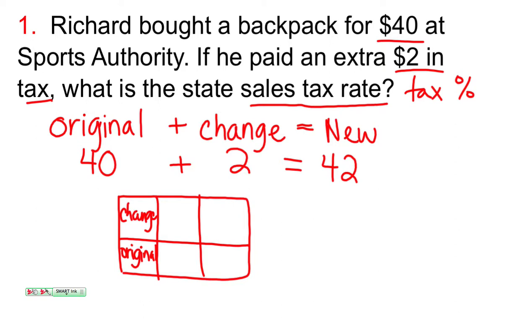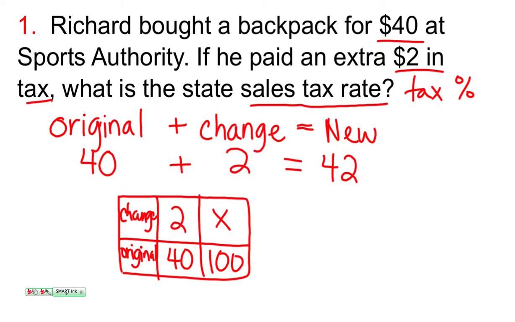Now we know from our sentence up here that the change is 2 and the original is 40. We don't know the sales tax rate, so we are looking for the percent. So that's x over 100.